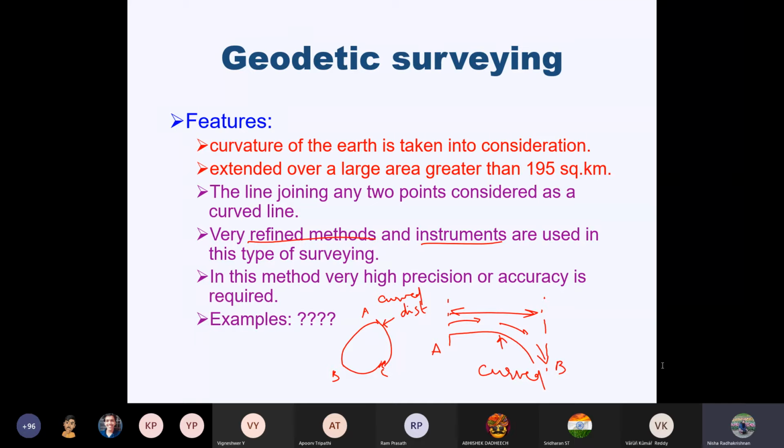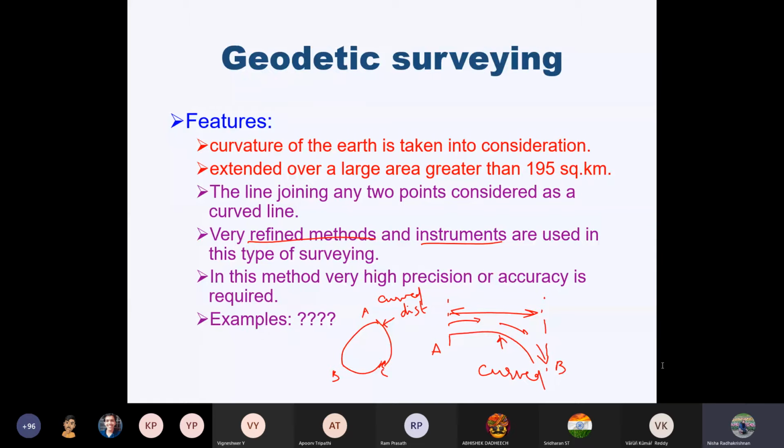Indirect observations are where you use some readings that you take in the field, create a mathematical equation, and then get the answer. That's called indirect observation. Geodetic surveying will mostly rely on these indirect observations.